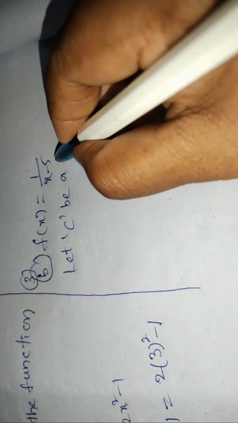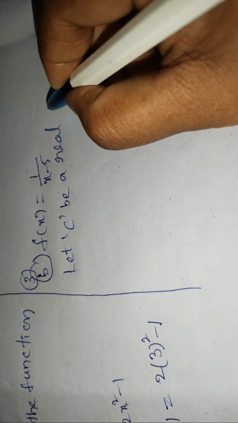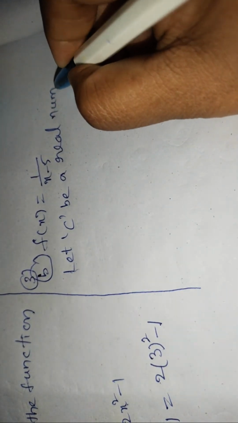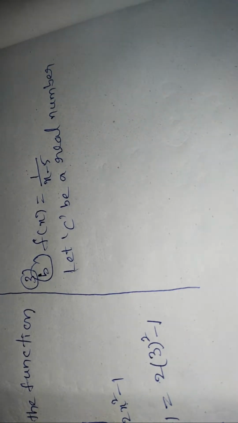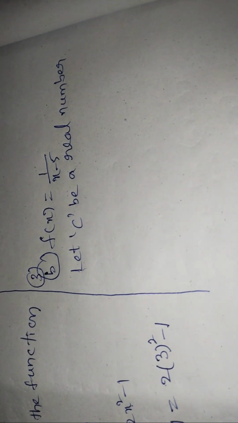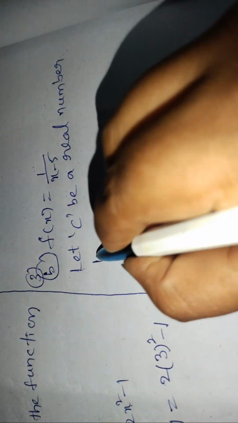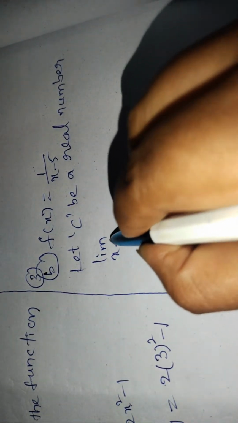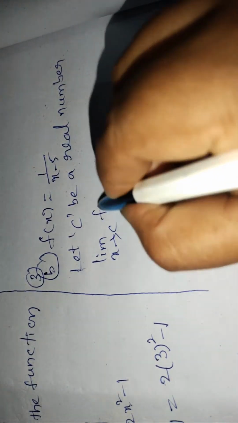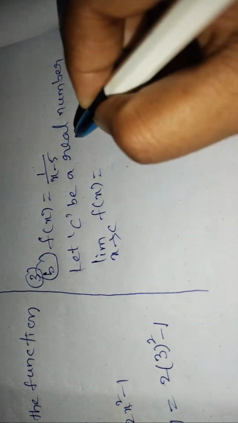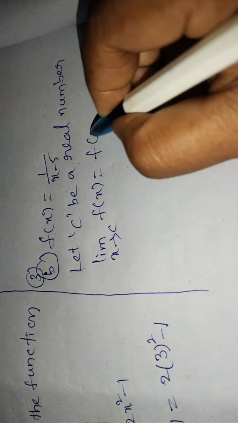For real numbers I am going to check. So c be a real number. Next write the formula. Limit x tends to c, f of x is equal to f of c.